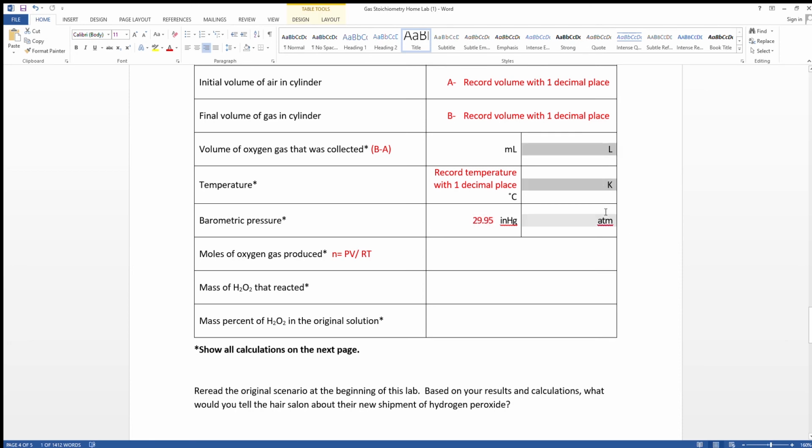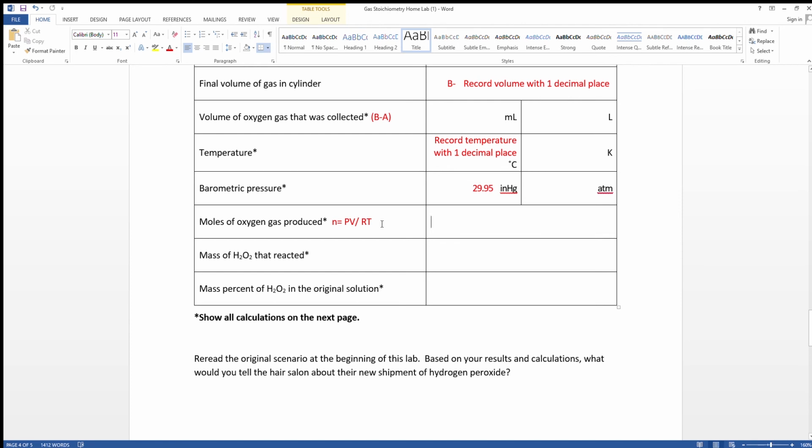So once you have all these right units that you need, you will be rearranging your ideal gas equation to solve for number of moles. And after that, you will plug in these values: pressure will be in atmospheres, volume will be in liters, temperature will be in Kelvin, and R has a constant value. So you will be using that.